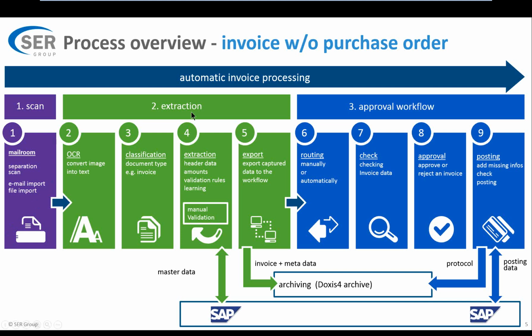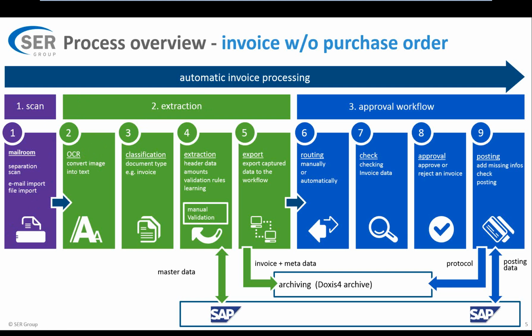So on the second section, the OCR part, the extraction part, if you have a scanned image, of course, you have to convert the image into text information again at step 2. And step 3, we do a classification.